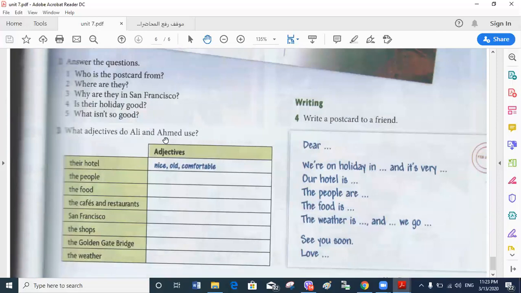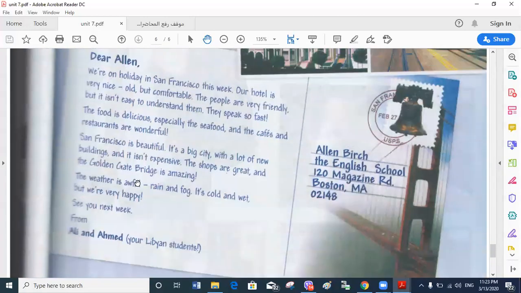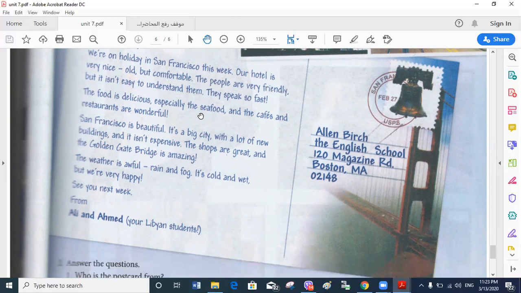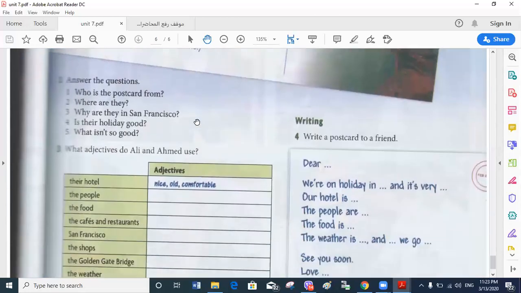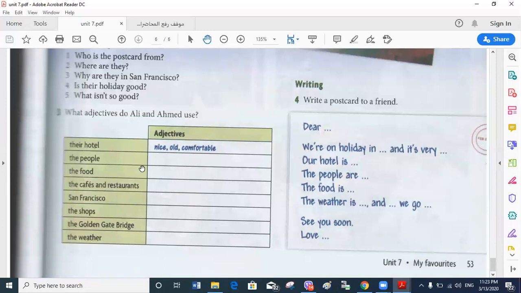So you can answer these questions also. And what adjectives do Ali and Ahmed use for the people? We can say that they are very friendly, but it isn't easy to understand them.